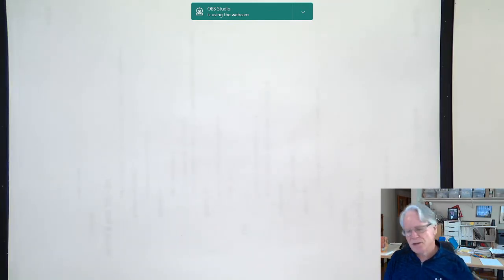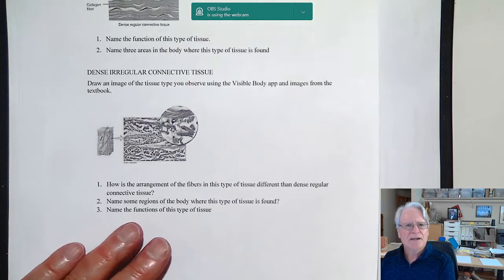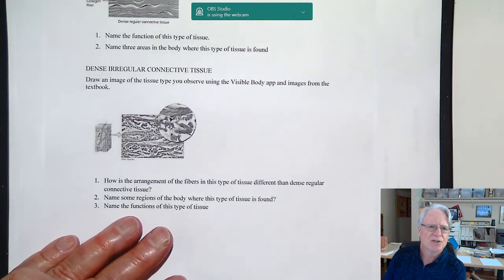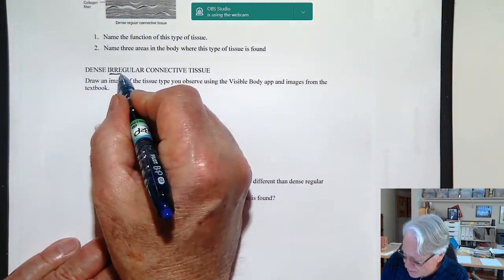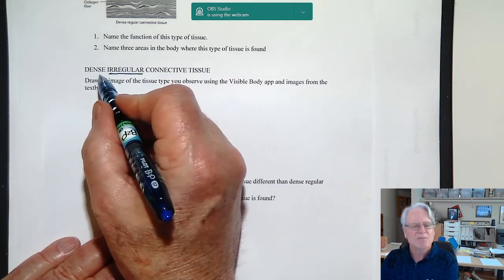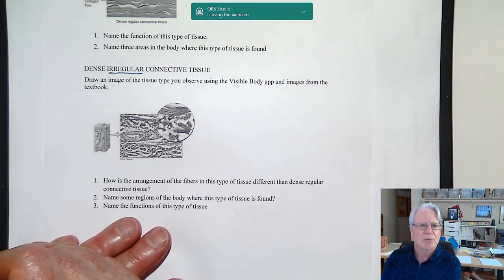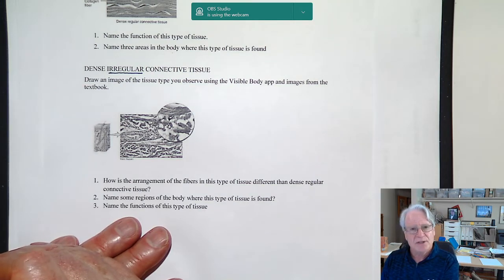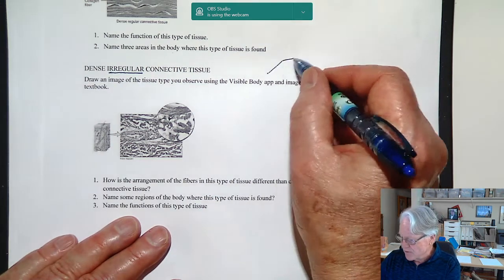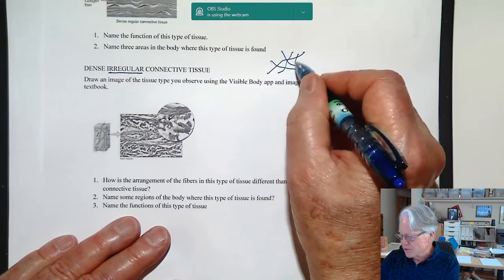Then we get to another type of dense tissue, but this is dense, irregular connective tissue. So we know what the word dense means. What do we mean when we say irregular? Well, just the opposite of regular. In this case, the fibers are going to be crisscrossing one another.